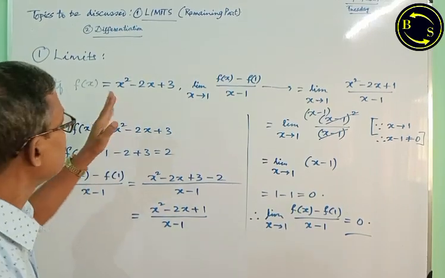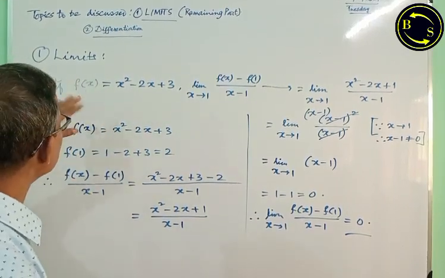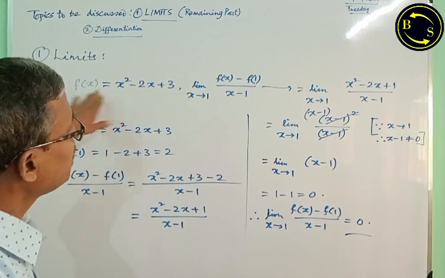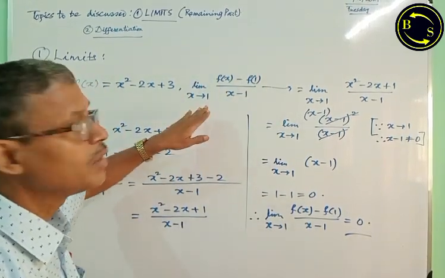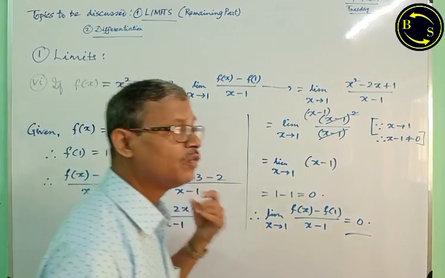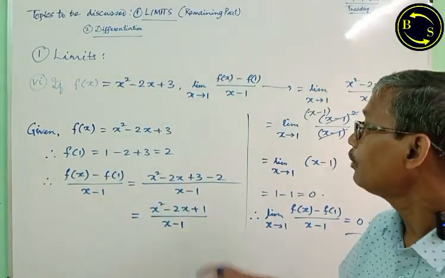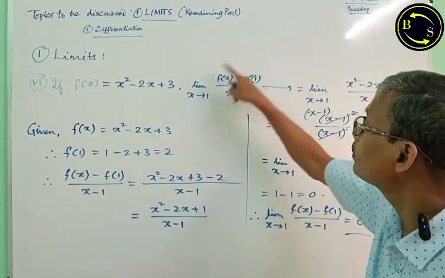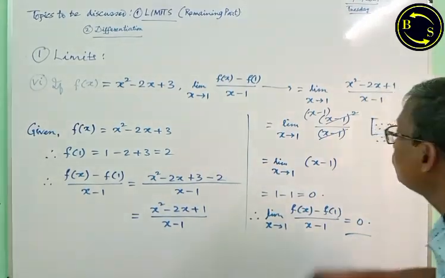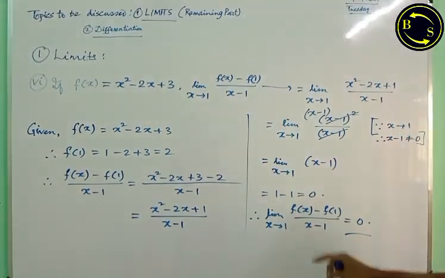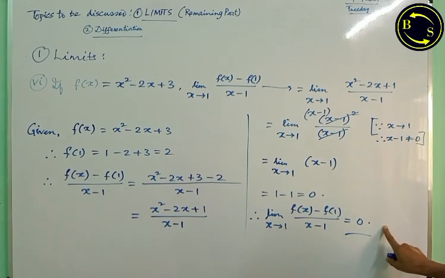Follow, in such type of problems, when f(x) is given and this expression is also there, we have to find the limiting value. First we calculate the value of this expression step by step, and after getting this value we calculate this one, and finally we get the value 0.